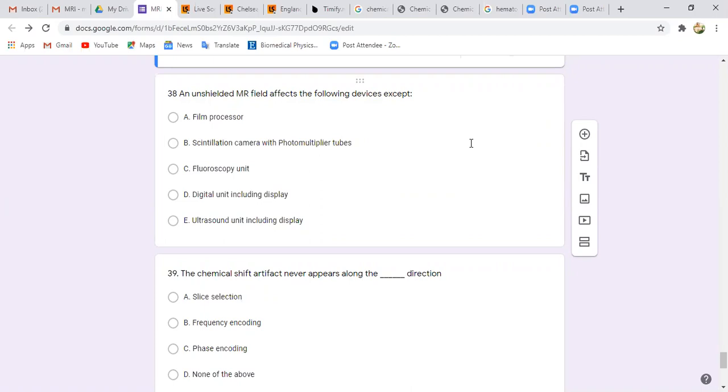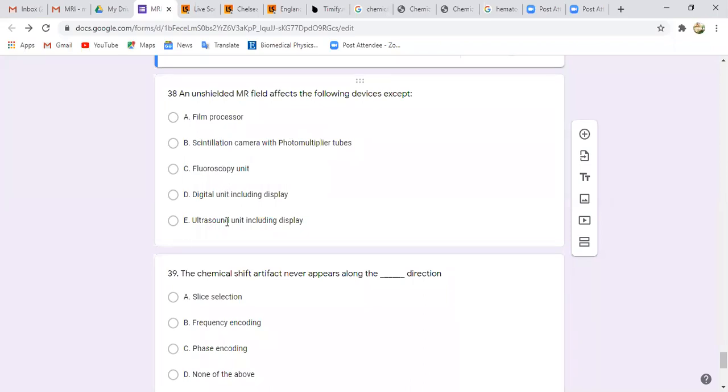These are electronic equipment: some digital units, fluoroscopy units, and some scintillation cameras with a photomultiplier tube. These should never go close to the magnet.